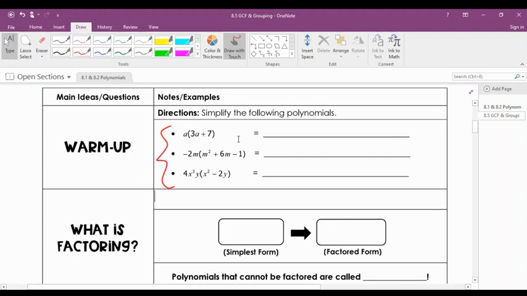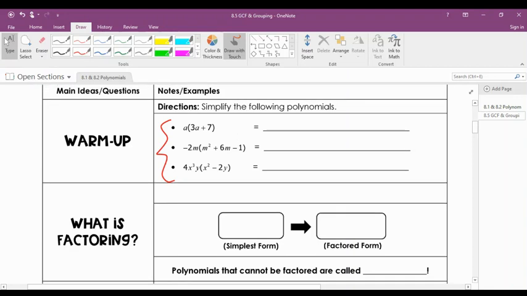This is distributing and combining like terms if necessary. I'll just do one just to remind you. 3a squared plus 7a. So you multiply the coefficients and add the exponents. This is simplifying. Simplifying means get rid of the parentheses.